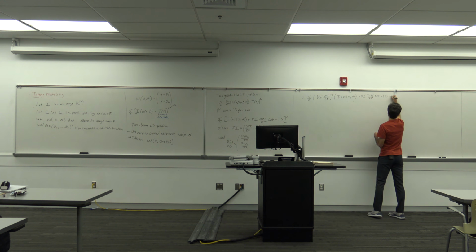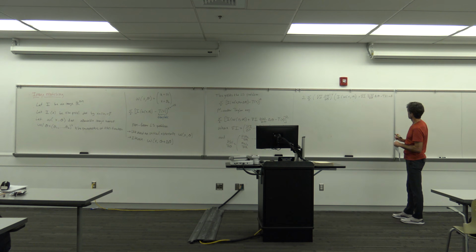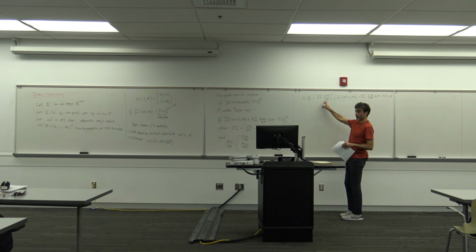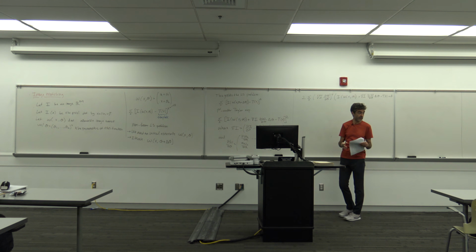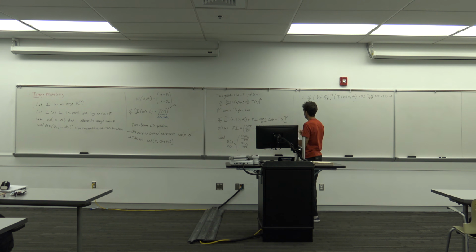Okay? And I want this equal to 0. I just took the partial derivative equal to 0 to find the minimum, as we always do in linear least squares. So this gives me the solution.